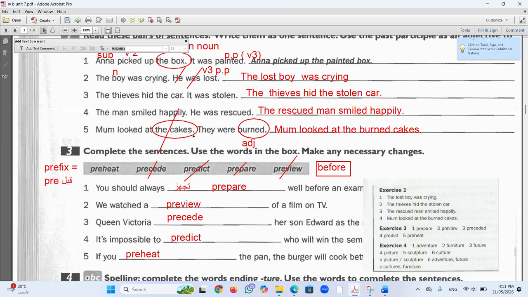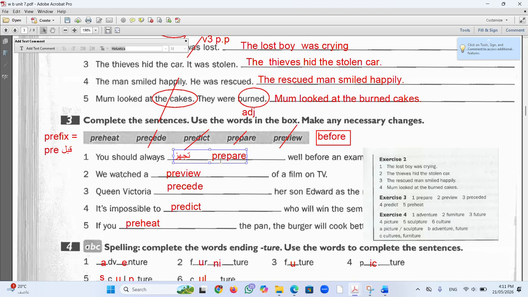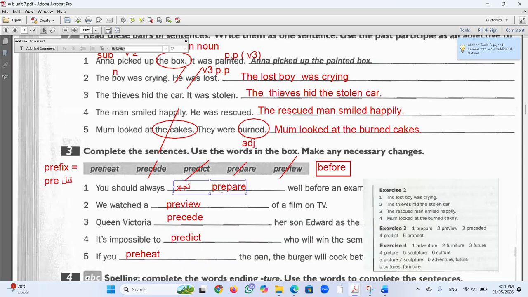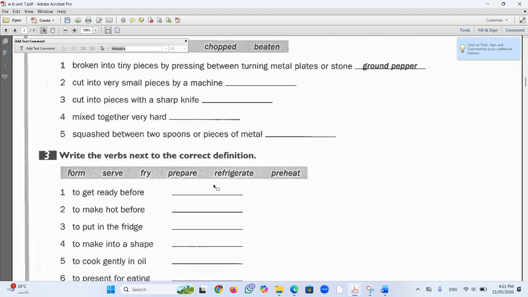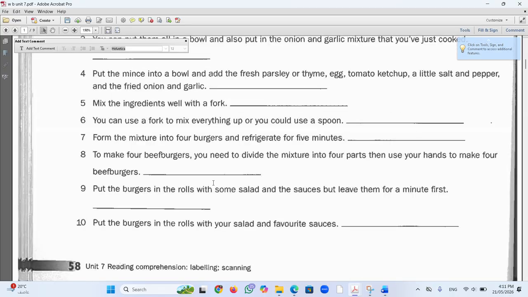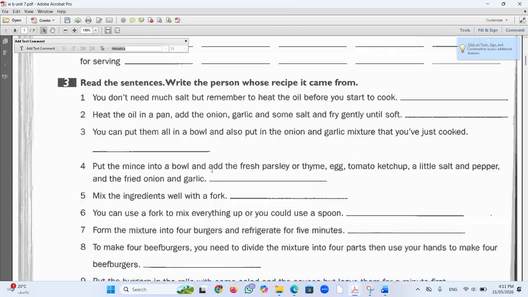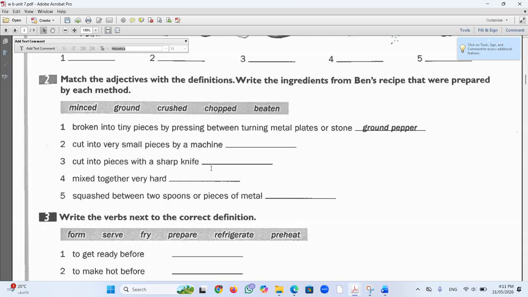Okay? Now, look here at these words. A prefix here is very, very important for you. Prefix pre means what? Something happens before. It is very important for your final exam. If you begin from the beginning, you will find that these pages are very important.